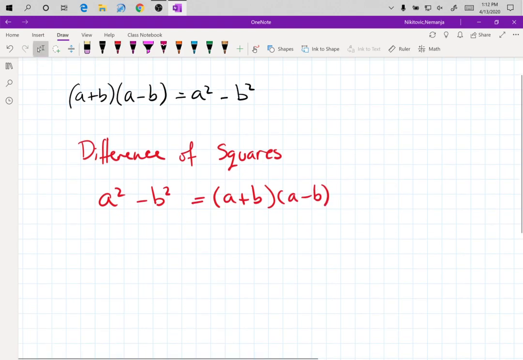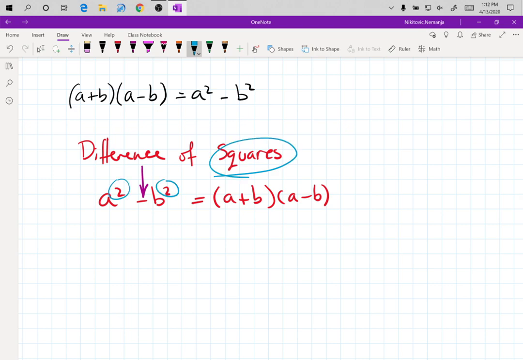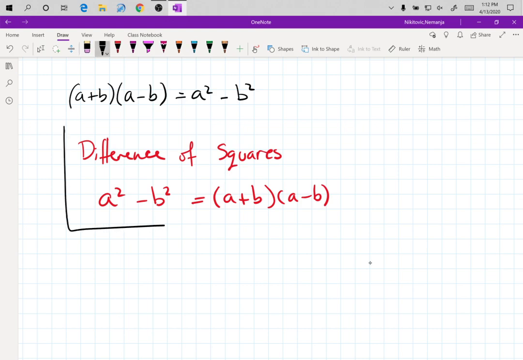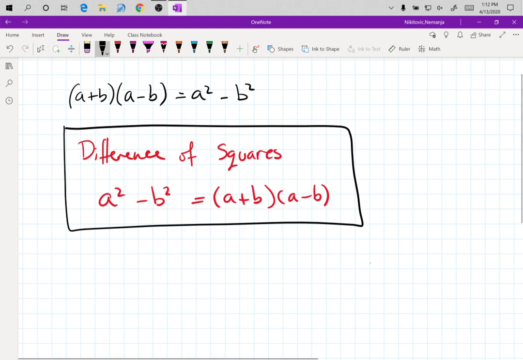I hope you see the word difference, and the word squares. So if you have two values that are squared, in a difference, you can use this formula. This is the first formula that we are dealing with today.